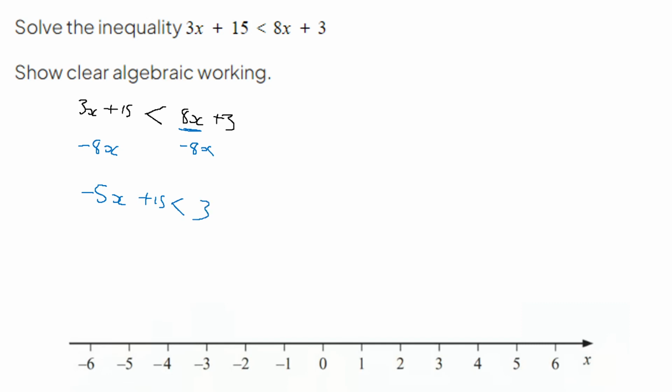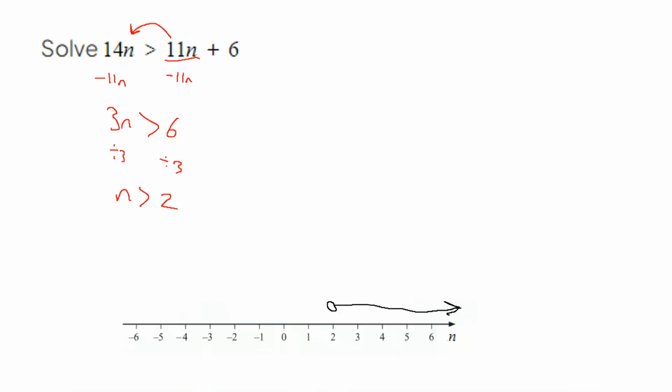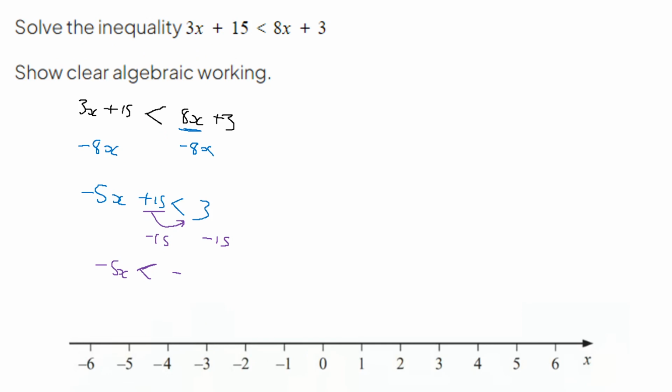Now we need to put this 15 on the other side. So we minus 15, we minus 15. And so what we're left with is minus 5x is less than 3 minus 15, which is minus 12.